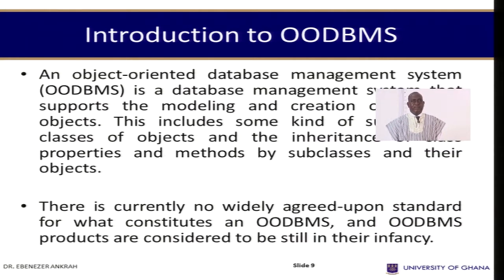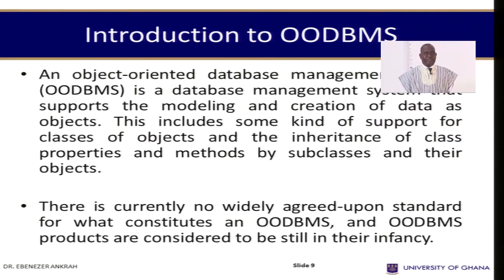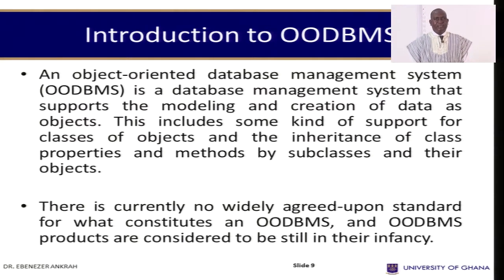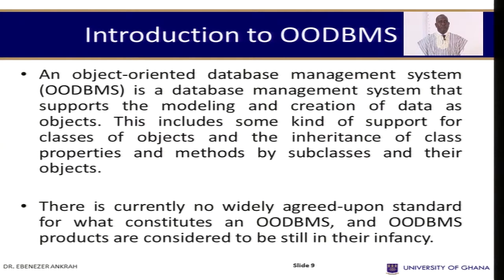This includes some kind of support for classes, objects, and the inheritance of classes and properties, as well as methods by subclasses, and their objects are inherited in these classes. There is currently no widely agreed upon standard for what constitutes an object-oriented database system, and it is considered to be still in its infancy.